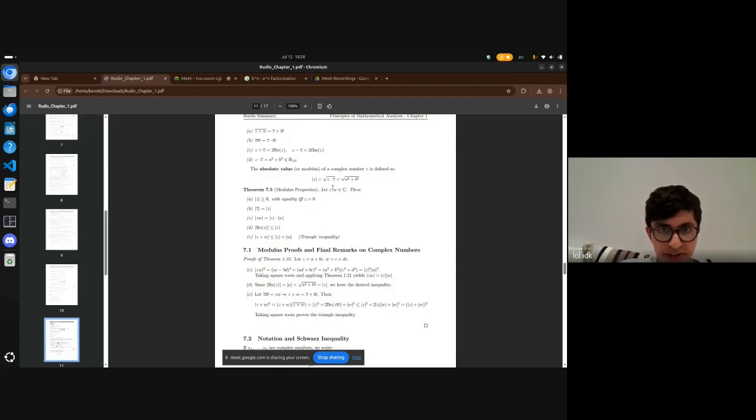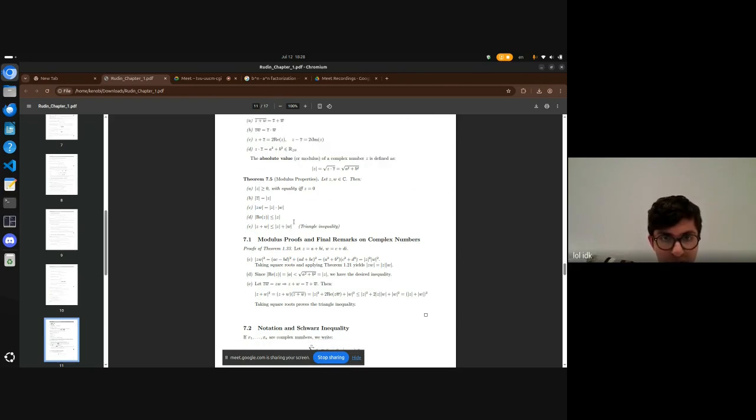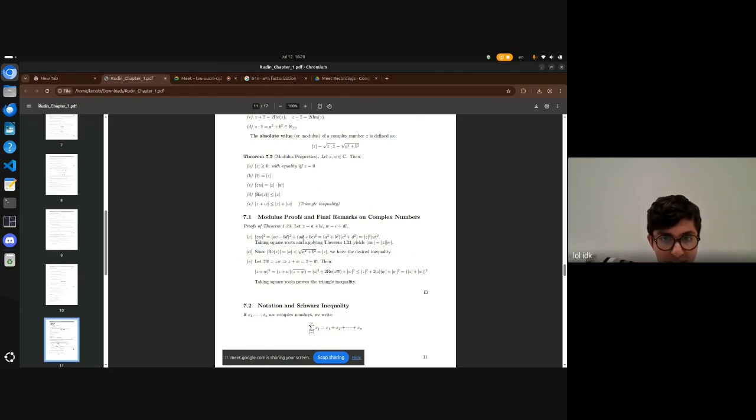Let z and w be in C, then the absolute value of z is greater than 0, and the modulus of z is equal to the absolute value of z, etc. If you prove it, |zw| squared equals (ac minus bd) squared plus (ad plus bc) squared, which is the same thing as (a squared plus b squared) times (c squared plus d squared). We're taking the different components and squaring them and adding them, which gives the same thing as multiplying them separately and squaring them. And if you take the square root on both sides, you get this.